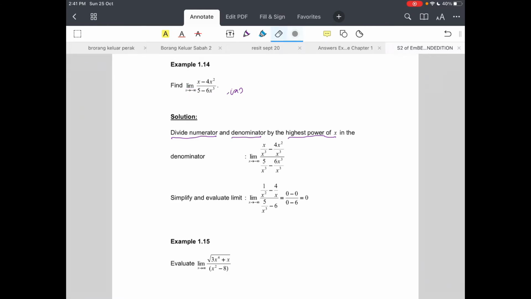So every term in this question, we may need to divide by x to the power of 3, or x cubed. When you do that, 4x squared divided by x cubed, you will get 4 over x, and so on.